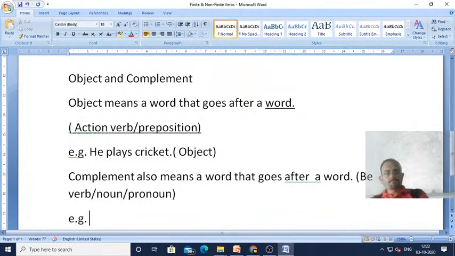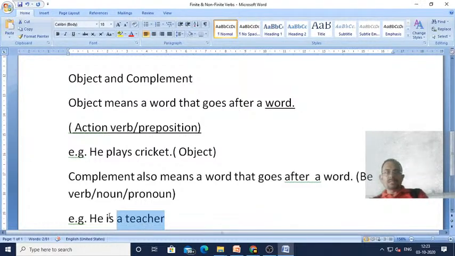Whereas in case of complement, complement is a word that goes after a be verb, noun or pronoun. For example, if I say he is a teacher, it's not an object, it's called a complement.